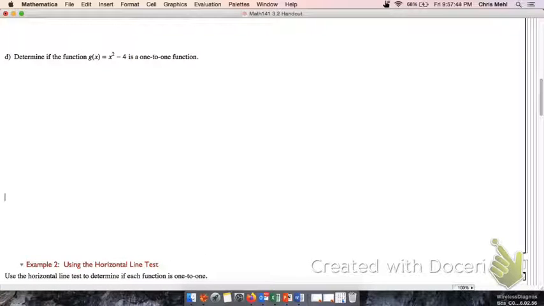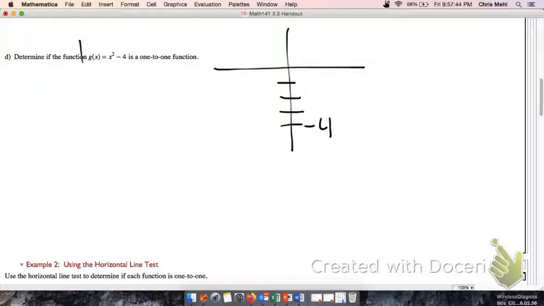Okay, so determine if the function g of x equals x squared minus 4 is 1 to 1. Well, first of all, you can look at its graph. Actually, let me redraw this. If I go down 1, 2, 3, 4 units, remember, x squared minus 4 is just x squared shifted down 2 units.